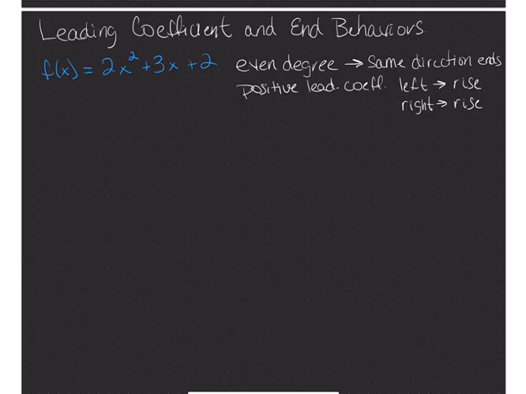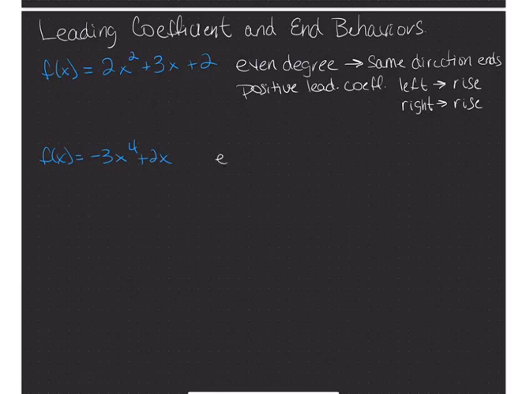What if we have, let's say, f of x equals negative 3x to the 4th plus 2x. So look at our degree.